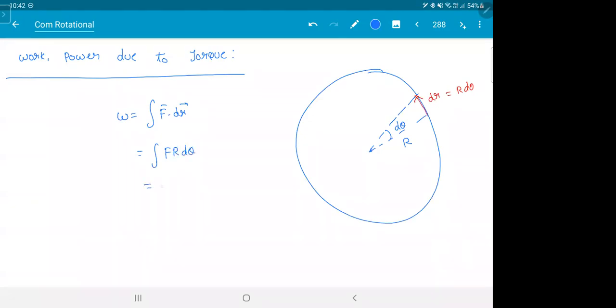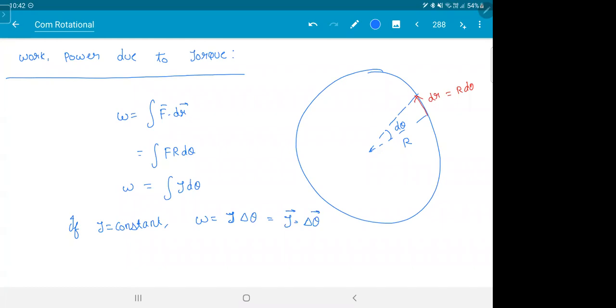But what is F into r? Torque. If torque is constant, then work becomes integral torque d theta. Meaning you can write it in vector form, torque bar dot delta theta bar.